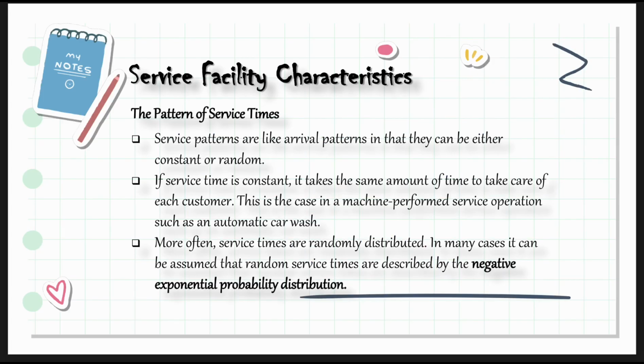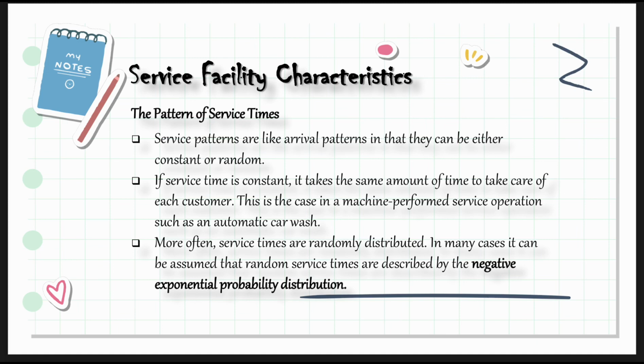So next up is the pattern of service times, which underpins the service facility characteristics. Service patterns are like arrival patterns in that they can be either constant or random. If service time is constant, it takes the same amount of time to take care of each customer. This is the case in a machine-performed service operation such as an automatic car wash.